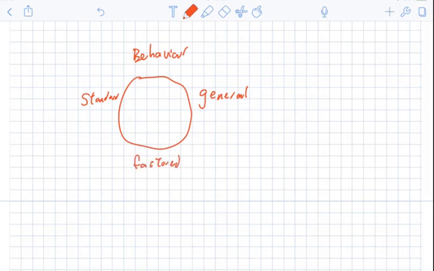But all of that work we put in was really useful because the behavior of our function reflects in its shape. And so the standard form tells you information about the shape, and the factored form tells you information about the shape, and the general form tells you information about the shape. Which means that using simple algebra, we can find either 3 or even 5 points that you can use to sketch your parabola. Okay, that's it for this episode.